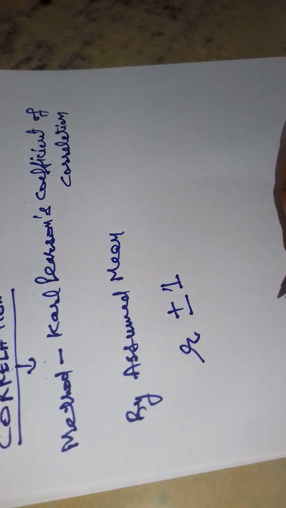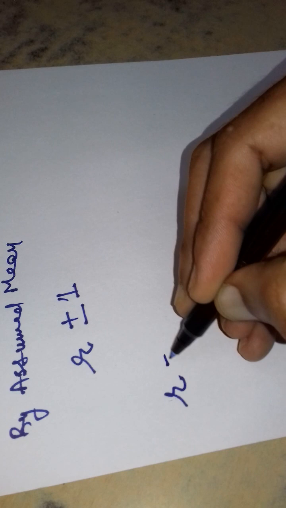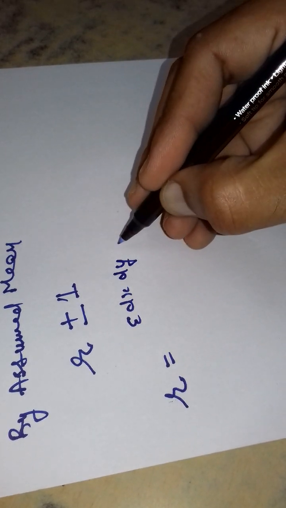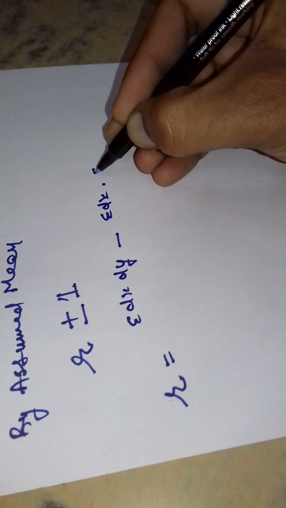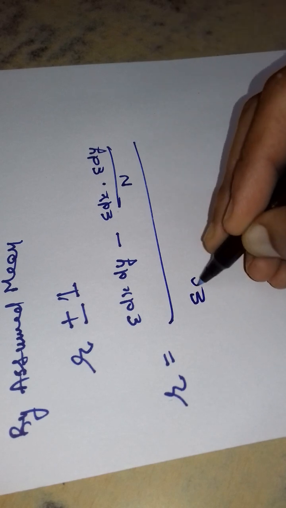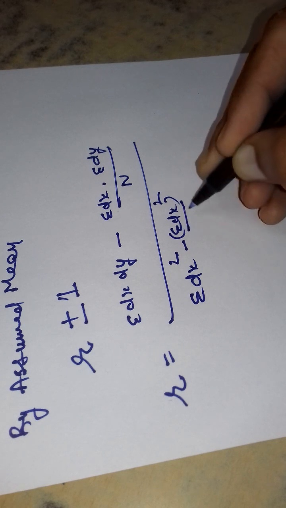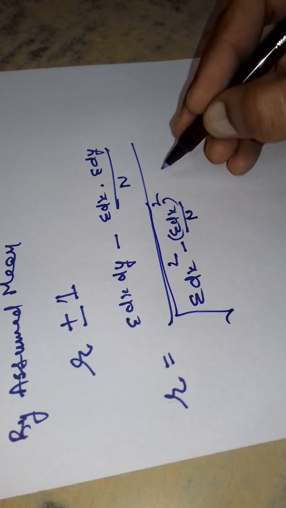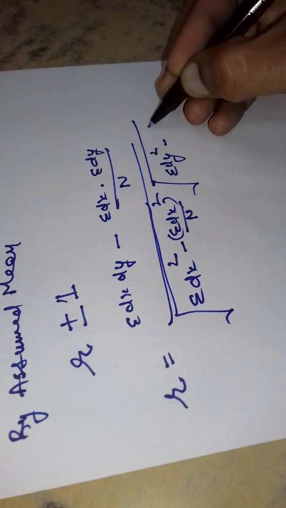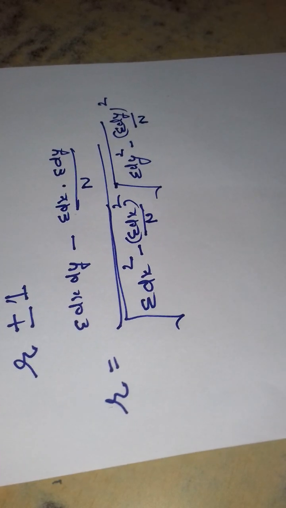For Karl Pearson's method, just write down the formula: R equals summation dx dy minus summation dx into summation dy over n, divided by the square root of summation dx square minus summation dx the whole square over n, times the square root of summation dy square minus summation dy the whole square over n.